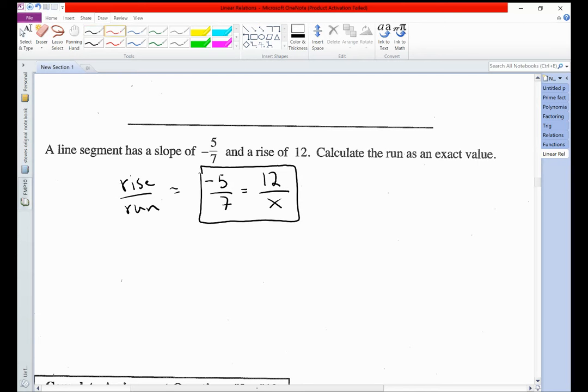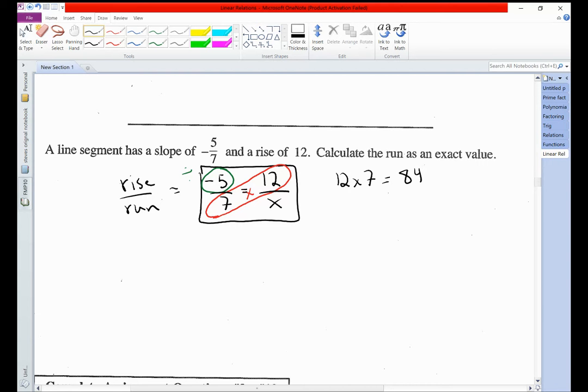So whenever you have equivalent fractions, one fraction equal to another, you can cross multiply. So you multiply the cross pair that are actual numbers, 12 times 7, and then you divide the spare. Multiply the pair, divide the spare. So what you end up with is 12 times 7, which is 84, I believe.